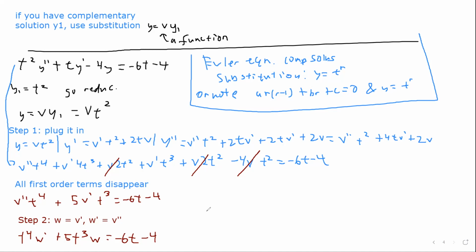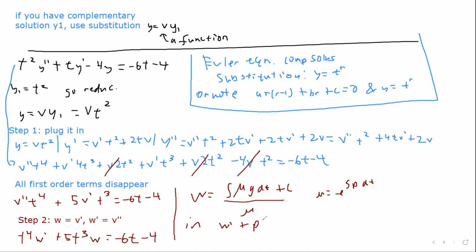So I don't know if any of you want to do that on your own before we start, but I will write down the general solution equation on the board here. w is equal to the integral of mu g dt plus c over mu, where mu equals e to the integral p dt, in w prime plus p w equals g.